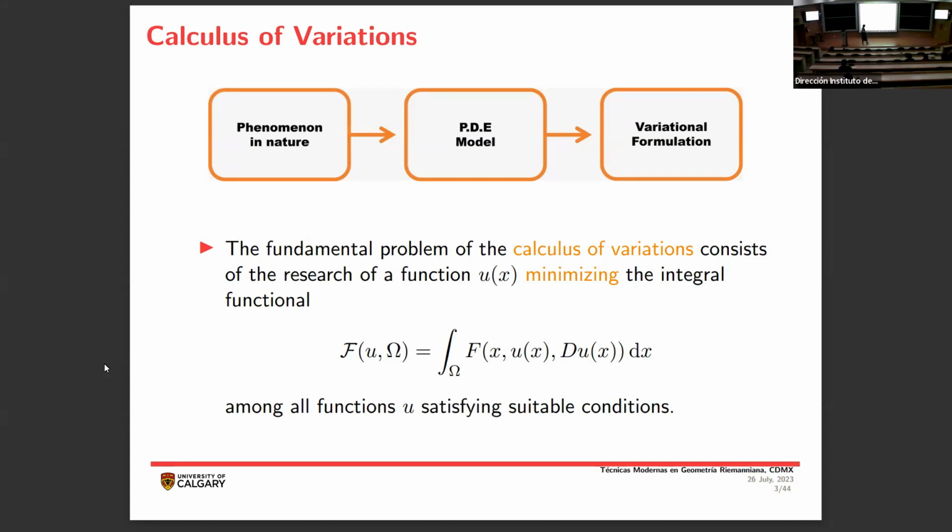Now, this integral usually represents some sort of action, an energy, or a cost function. But for this model to actually make sense, the first thing that we need to ask is whether this model has a solution, right?